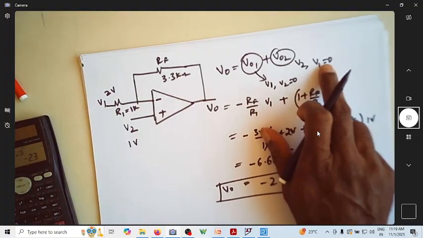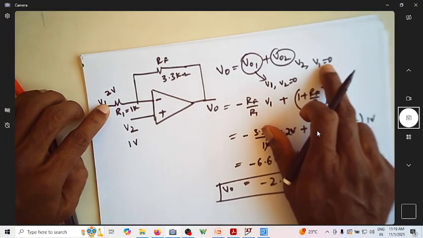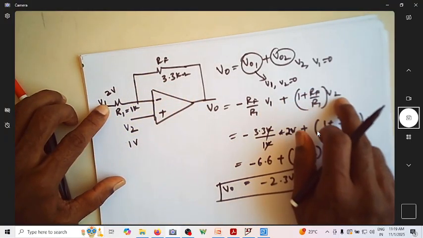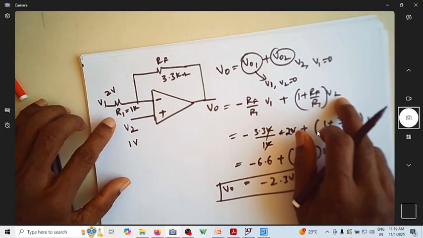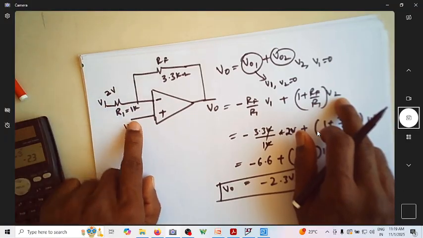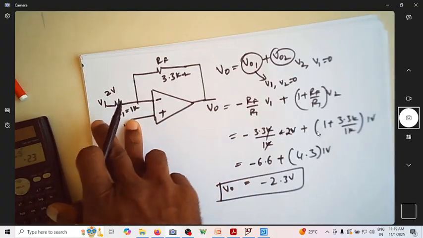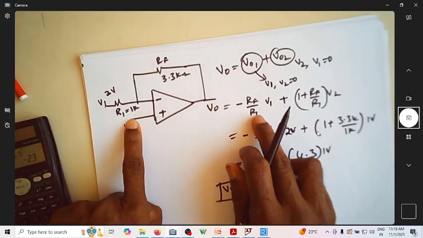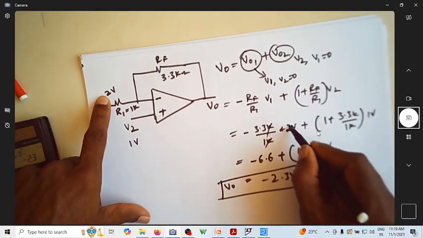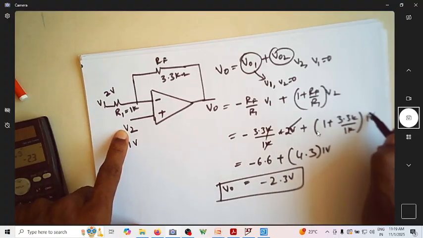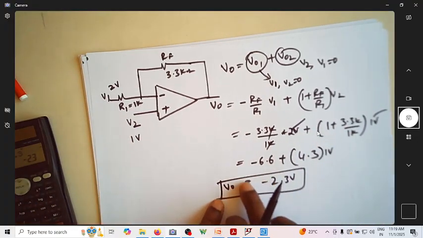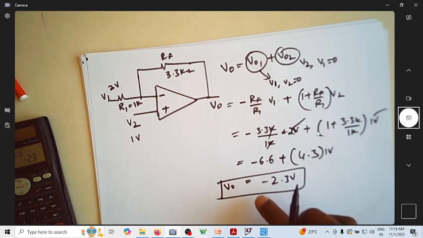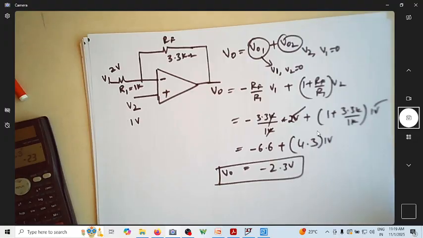When V1 is 0, it acts like a non-inverting amplifier, that my gain is 1 plus RF by R1 into V2. When you're considering only this, then you treat this as 0. Can you see V2 is 0? When you consider only this, is it not minus RF by R1 times V1? We considered V1 as 2 volts, V2 as 1 volt, and we are trying to simplify this and ending with the final value of V0 as minus 2.3 volts.